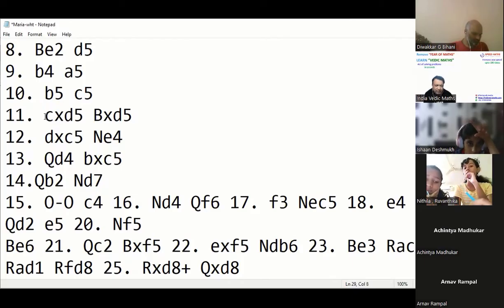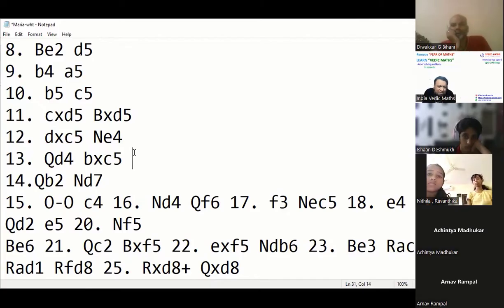Yes. It means one of the pieces of white captures the black piece at d5. So which piece, when you know the board, you will get it, right? Yes.